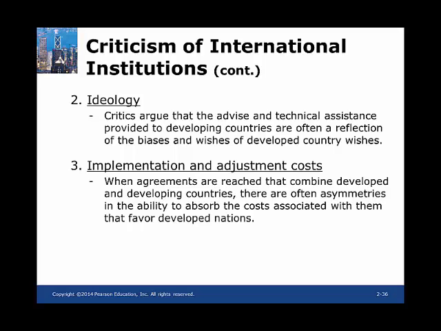Third type of criticism they face is implementation and adjustment costs. When agreements are reached that combine developed and developing countries, there are often asymmetries in the ability to absorb the costs associated with them that favor developed nations.